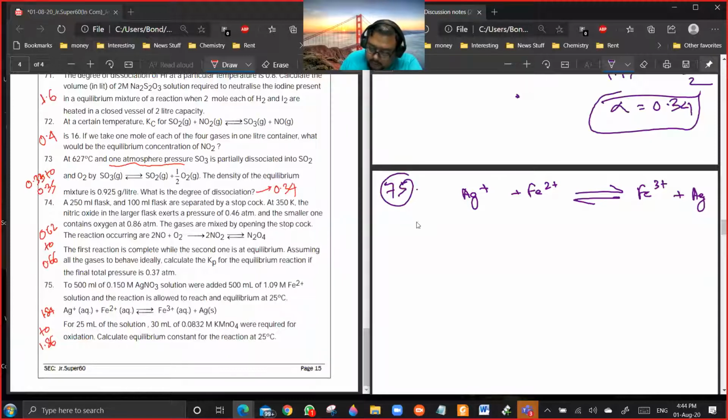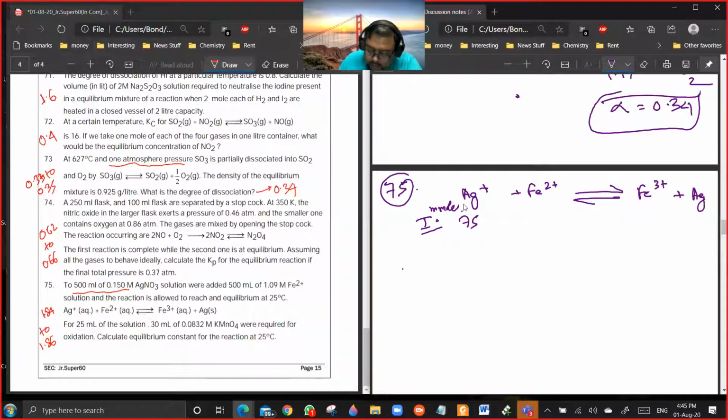Initially, you are having 500 into 0.15, which is 75. So you are starting with 75 millimoles of Ag plus.